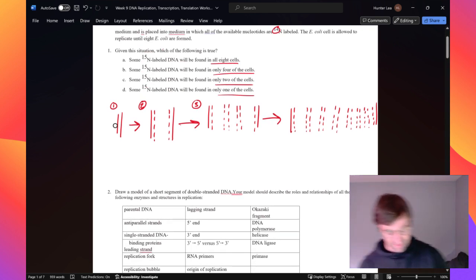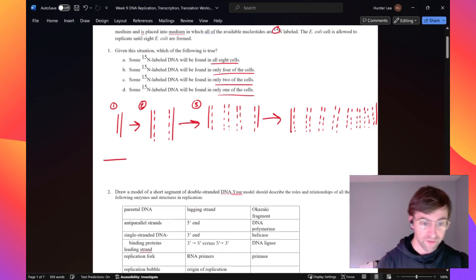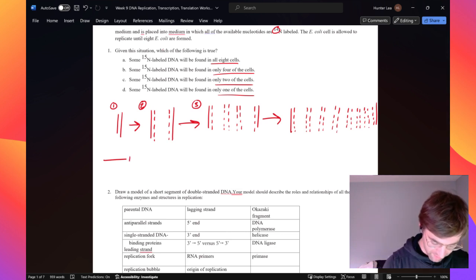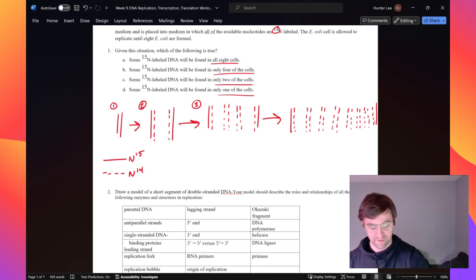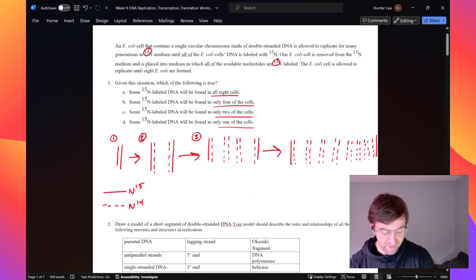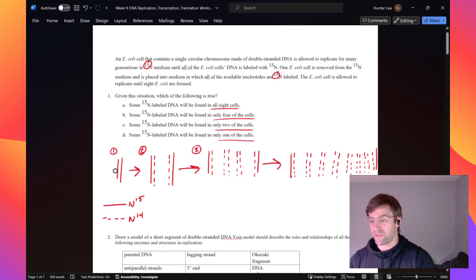The solid lines denote our nitrogen-15 labeled chromosome or genetic material. And the dotted lines are our nitrogen-14 marked genetic material.